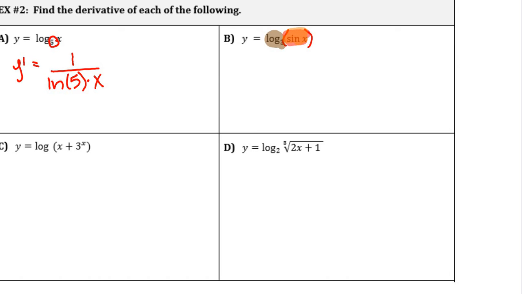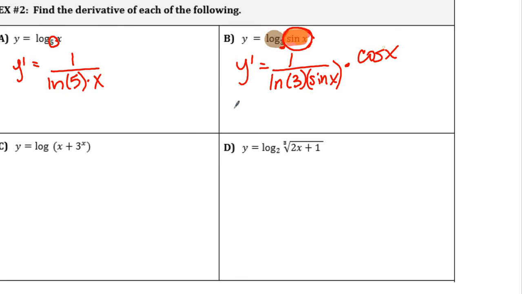So I'm going to take the derivative of the outside by going 1 over natural log of 3, because there's a 3 right there, times whatever my inside is, a sine x, times, according to my chain rule, the derivative of the inside function, which is cosine x. So what I really have is cosine of x over the natural log of 3 times sine of x.